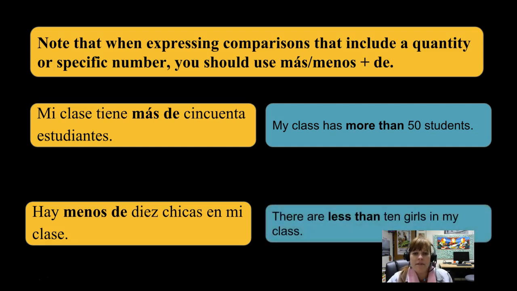There are fewer than 10 girls in my class. So again, when using a number or trying to quantify something, you have to use más de or menos de. You don't use más que 50 estudiantes, because then you would be saying more than 50 students, right? And they use de. So this is also where it's confusing, because you probably know de as from, right? And in this context, it means than.